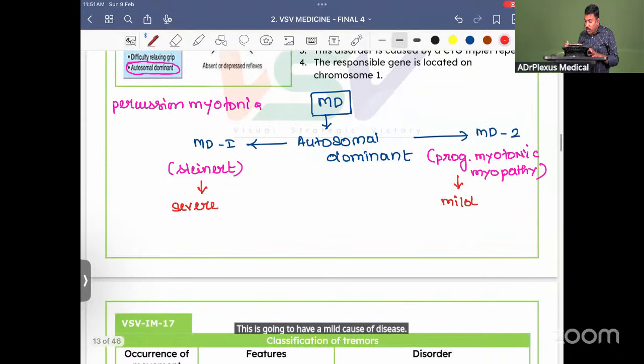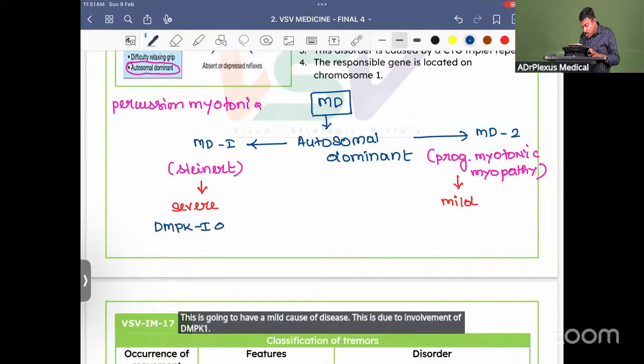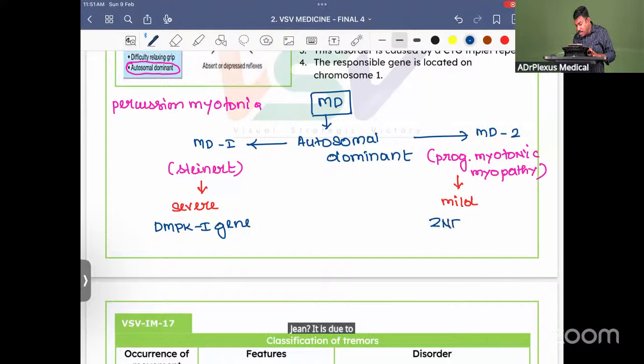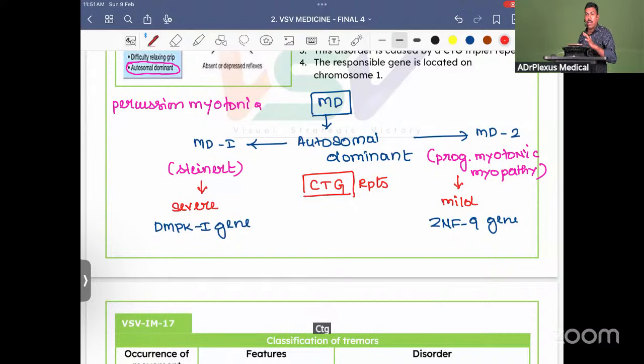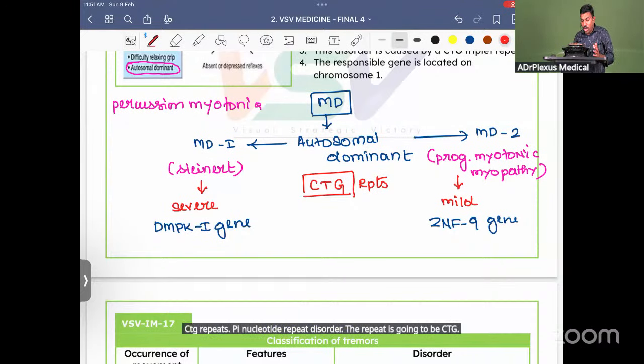Type 1 is due to involvement of the DMPK1 gene. Type 2 is due to involvement of the ZNF9 gene. This is a trinucleotide repeat disorder, and the repeat which is present is CTG.